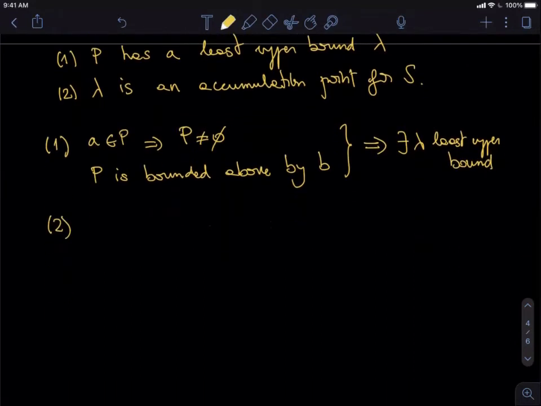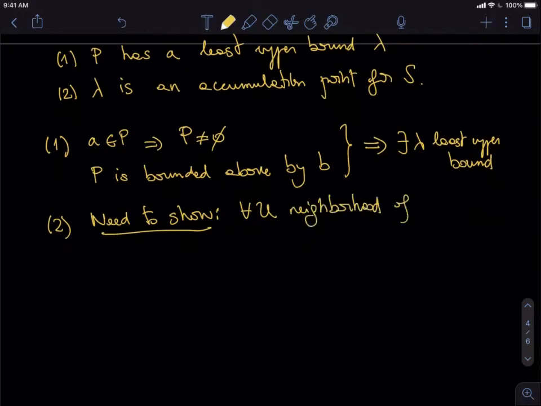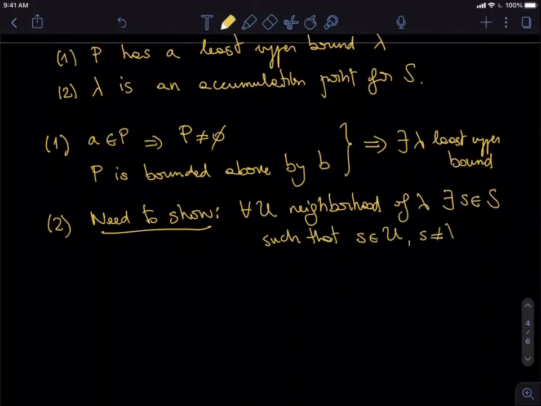So we can move on to point 2: prove that lambda is an accumulation point for S. Here, what is the definition? We need to show, remember, that for every neighborhood of lambda, let's call it U, there exists at least one point s in S such that s is in U, and s is not lambda.